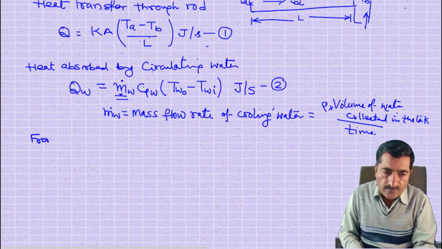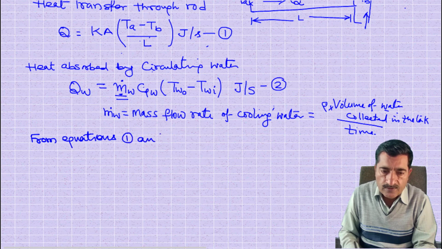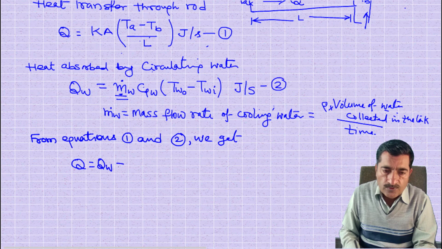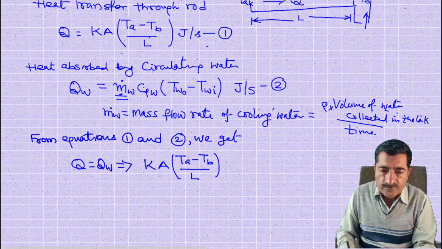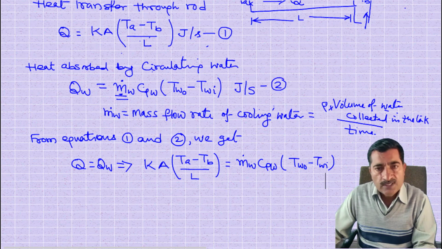From equations 1 and 2, we get Q equal to QW, or this is equal to KA (TA minus TB) upon L. This should be equal to MW CPW into (TWO minus TWI).